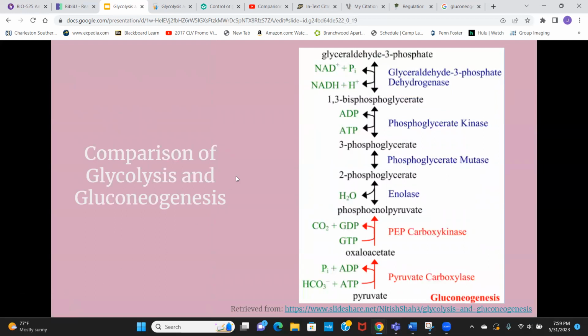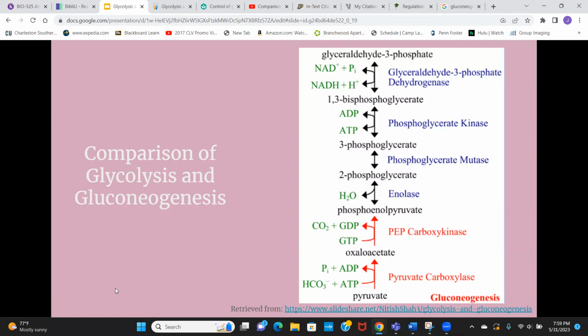Okay. And this, once again, is showing you glycolysis is happening this direction, gluconeogenesis is happening this direction. The blue is going to be the enzymes used during glycolysis. The red is the enzymes used during gluconeogenesis. These are opposite processes from one another, not reversal.